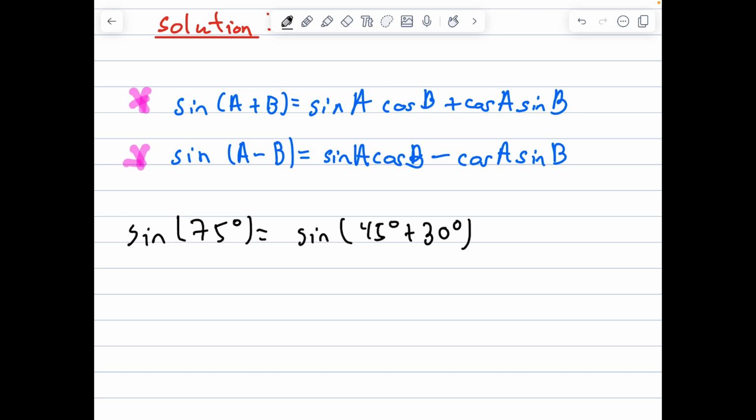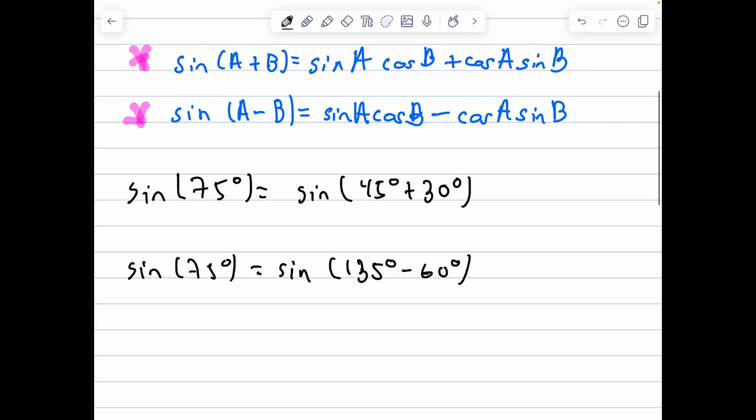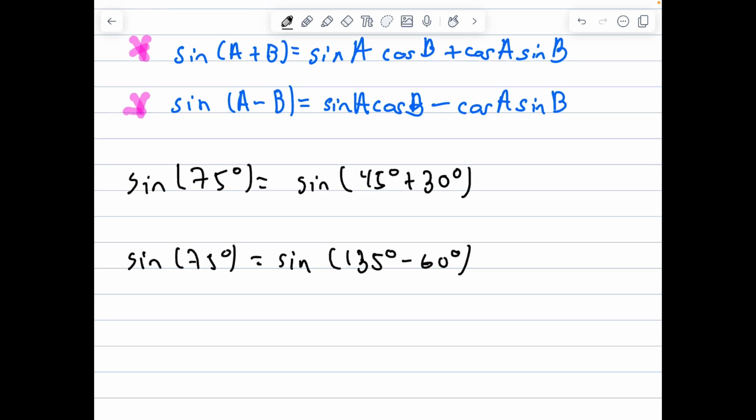And likewise, you could rewrite sine of 75 as the sine of 135 minus 60, okay? And either one of these will give you the same answer.